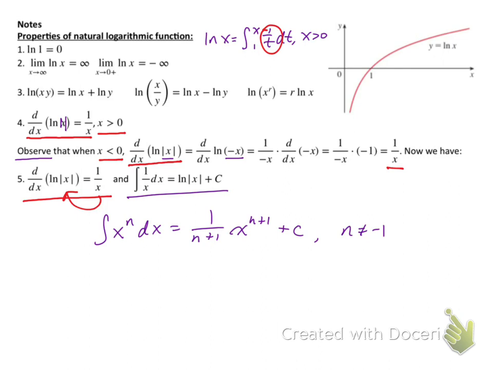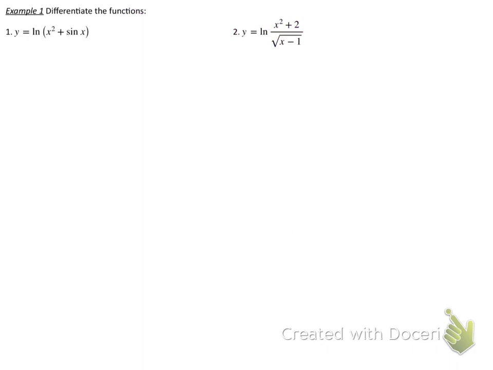Now let's see some examples. Differentiate. The first example, y equals ln of x squared plus sine x. So this whole parenthesis is my u. Then dy dx will be, for ln of u, the derivative is 1 over u, so 1 over x squared plus sine x, times the derivative of x squared plus sine x.